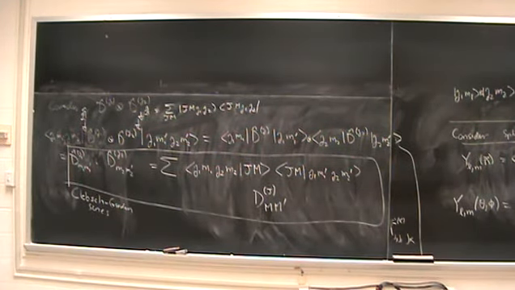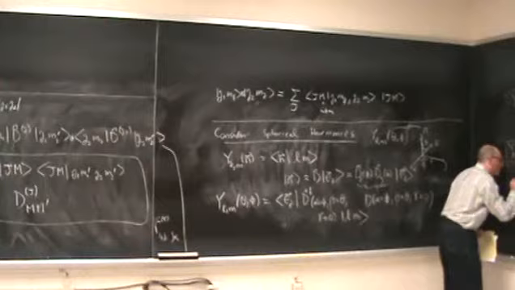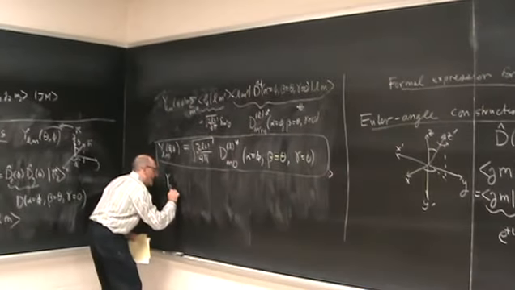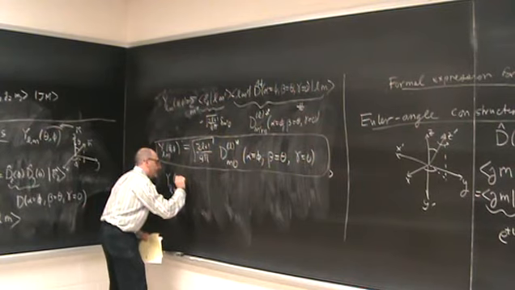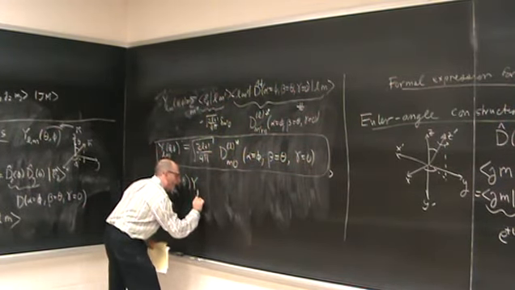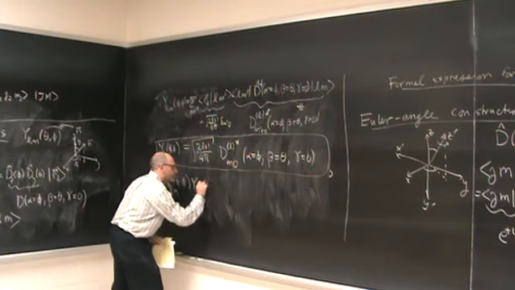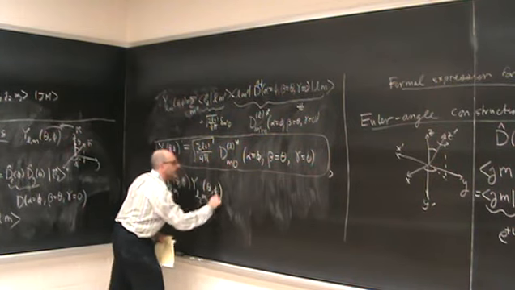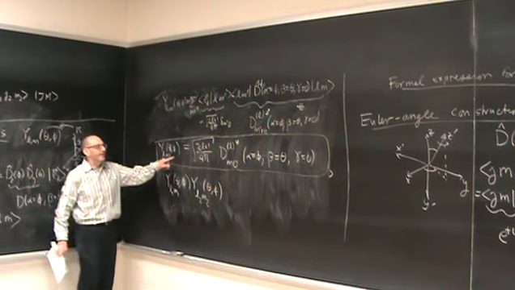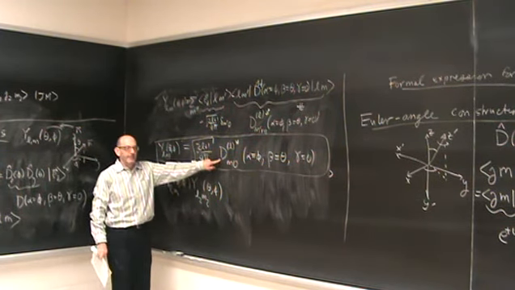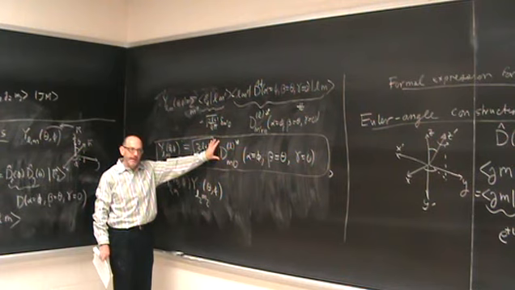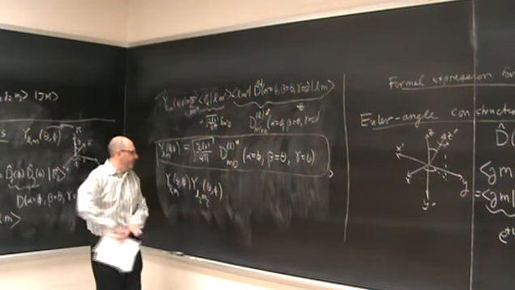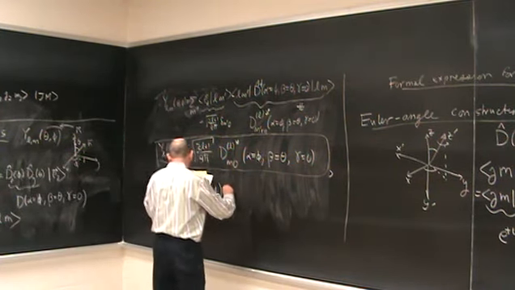It tells me that if I take Y_L1M1 of theta and phi and multiply it by Y_L2M2 of theta and phi, well, that's the product of two rotation matrix elements, and they're related this way. And I get the following relationship.